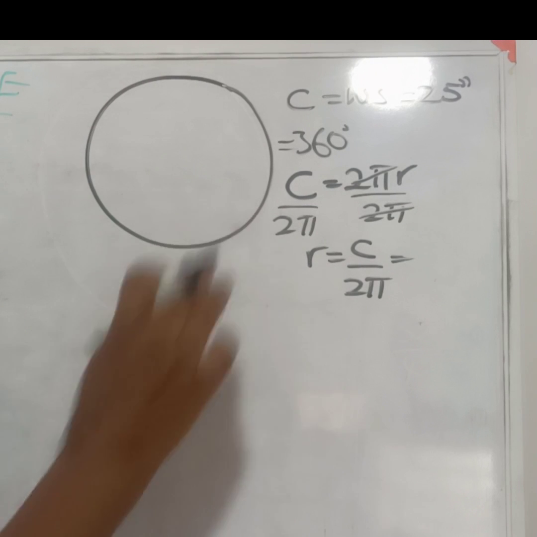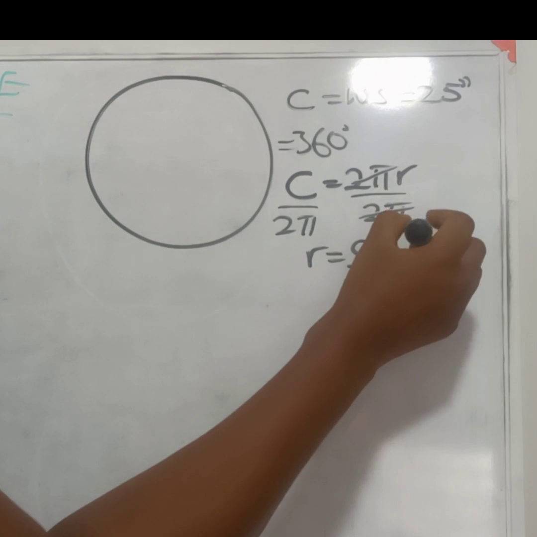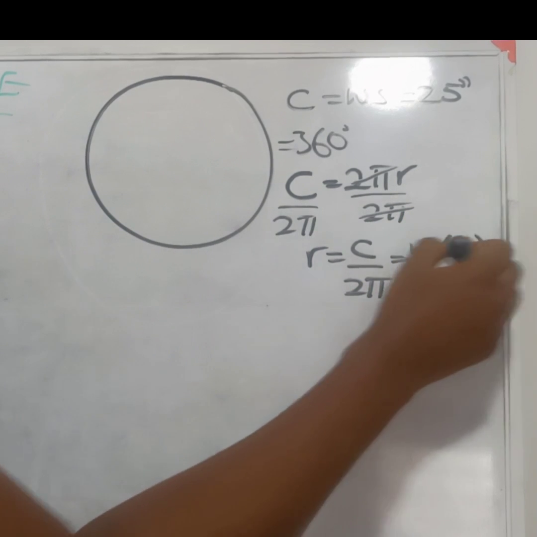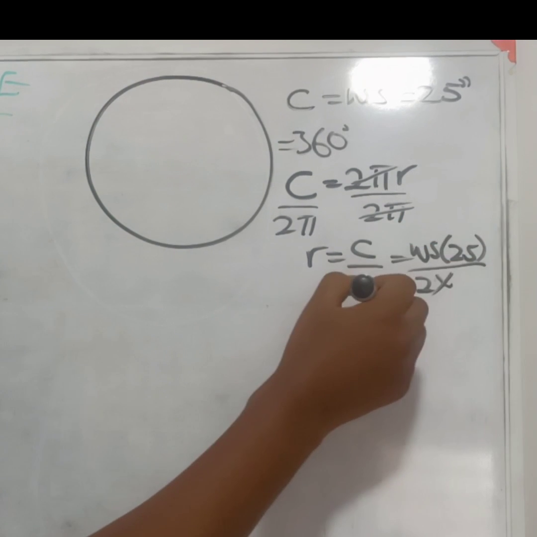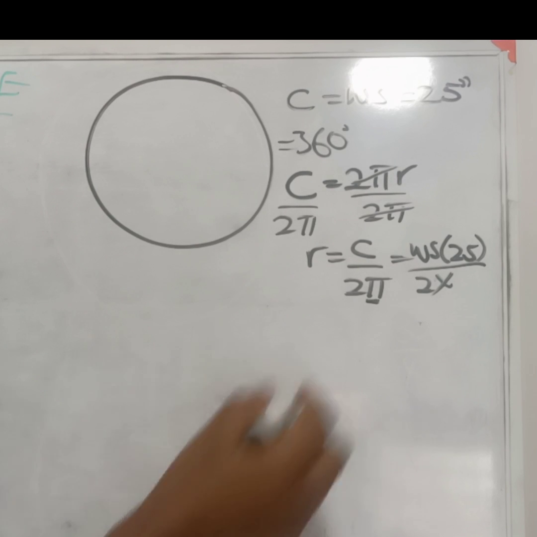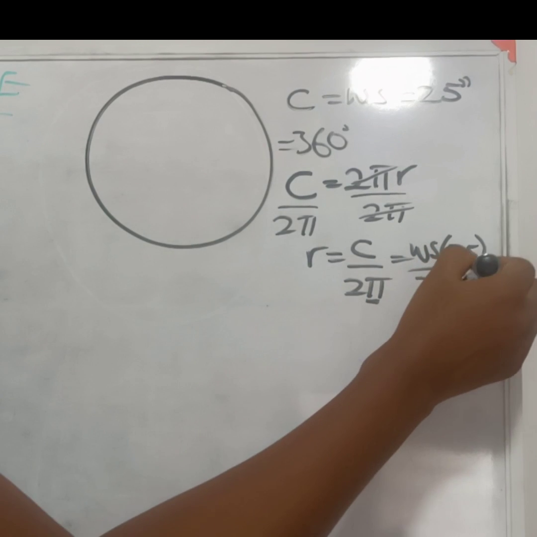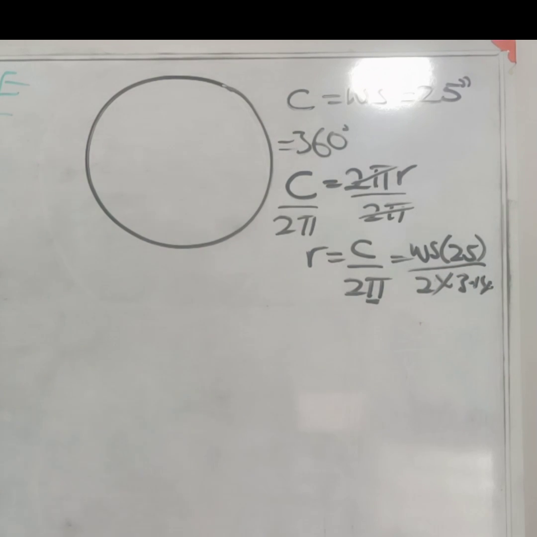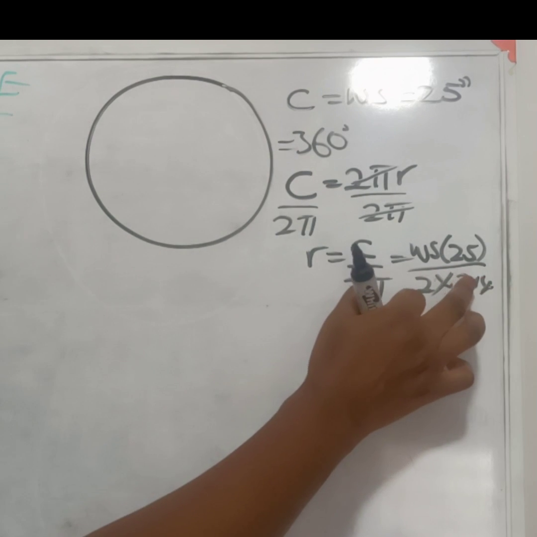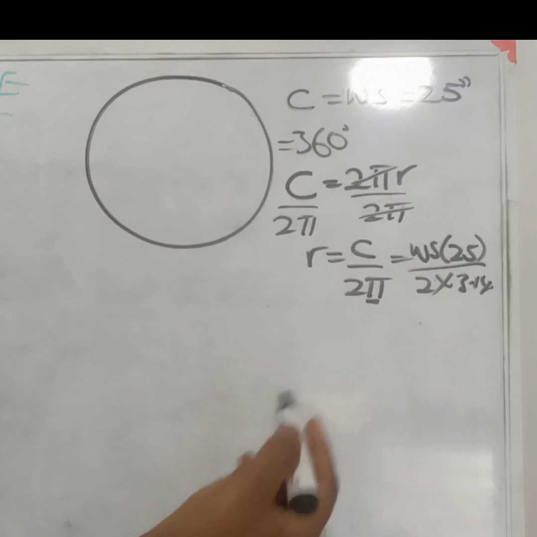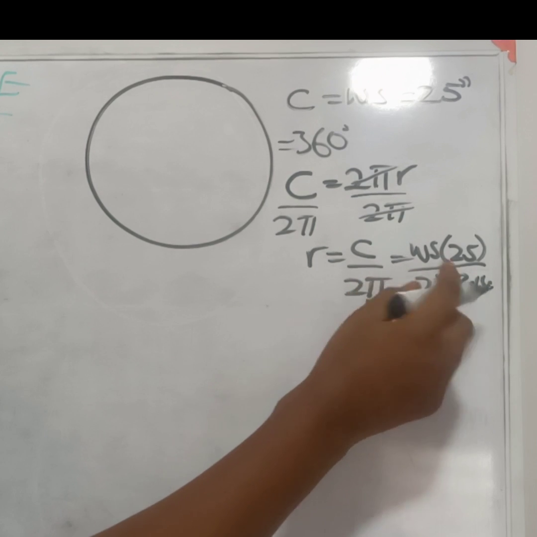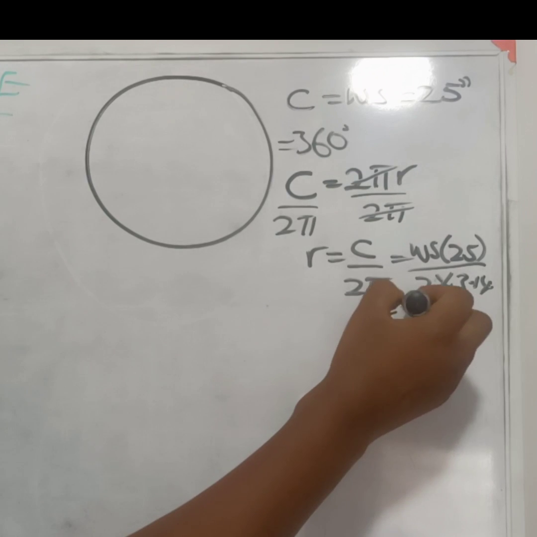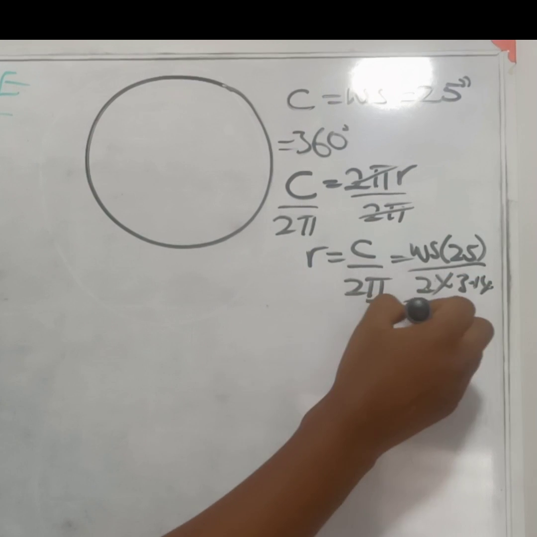And for this illustration, our C is the waist, which is 25. And then pi is a constant in mathematics, which is 3.142, but we usually stop at 2 decimal places, 3.14.